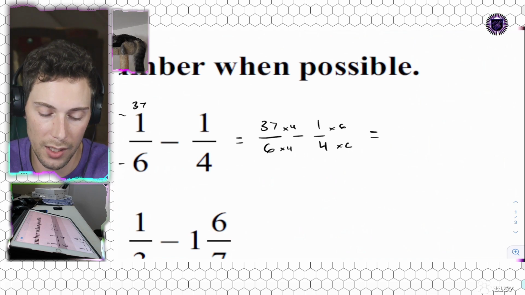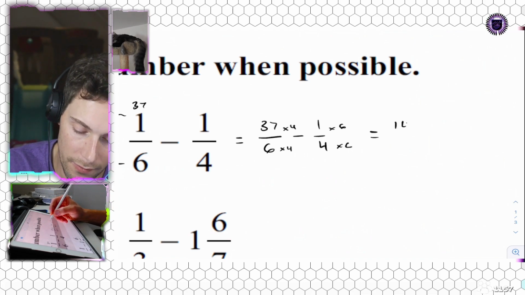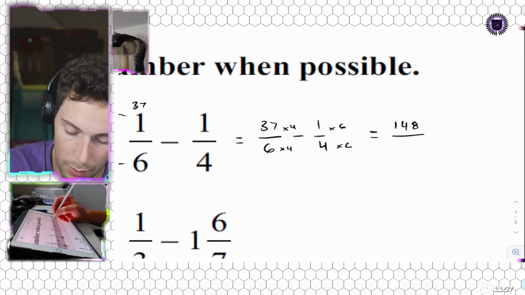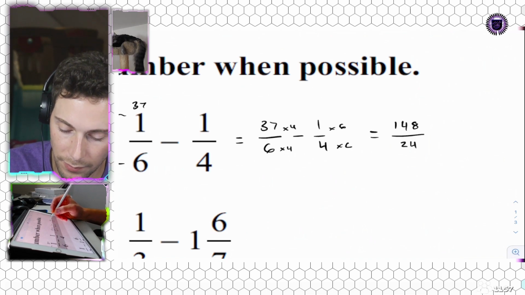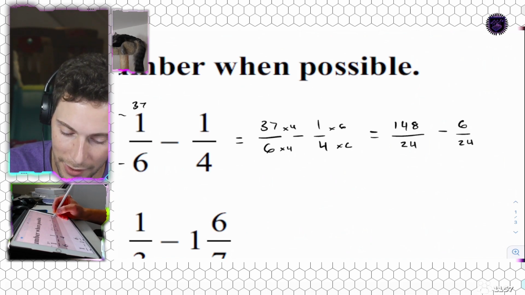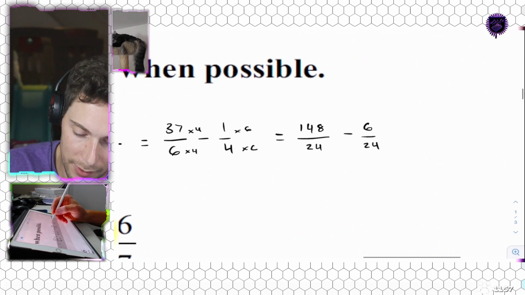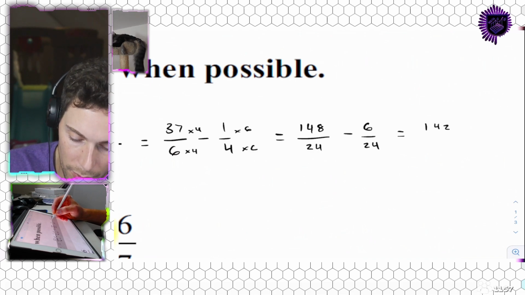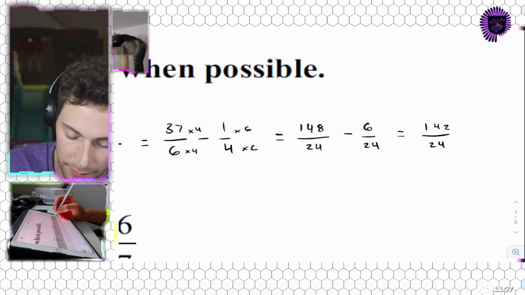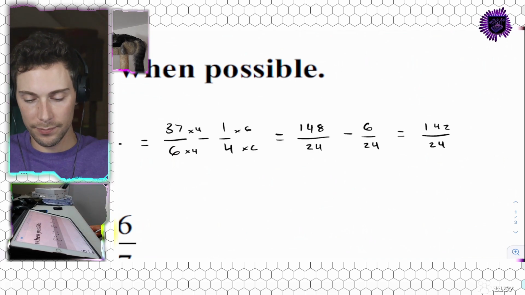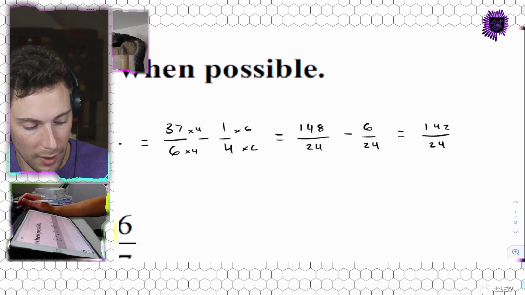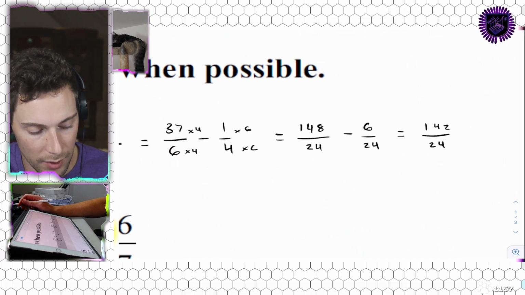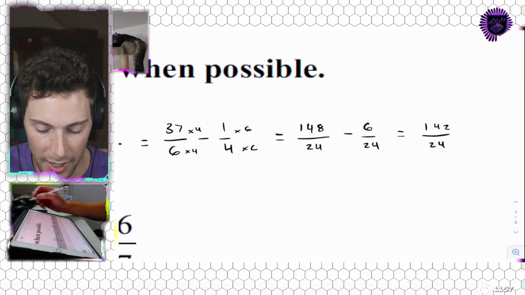So 120 plus 28 is 148 over 24 minus 6 over 24. Oh my gosh. Which is equal to 142 over 24. Now 142 divided by 24 is going to be 5.